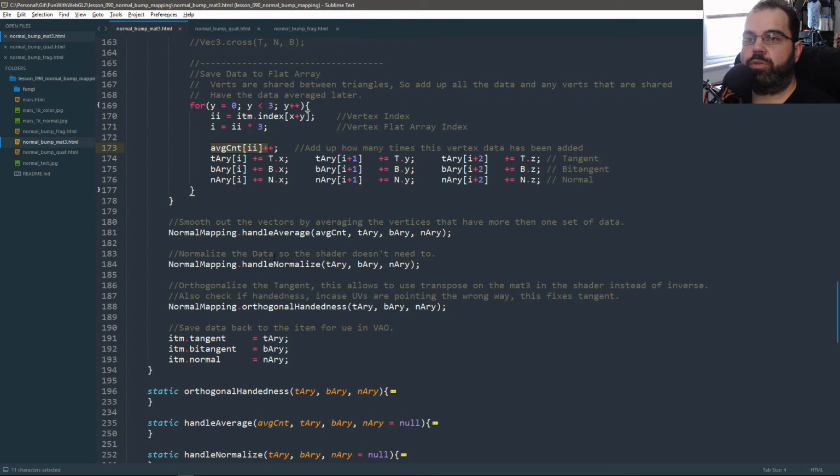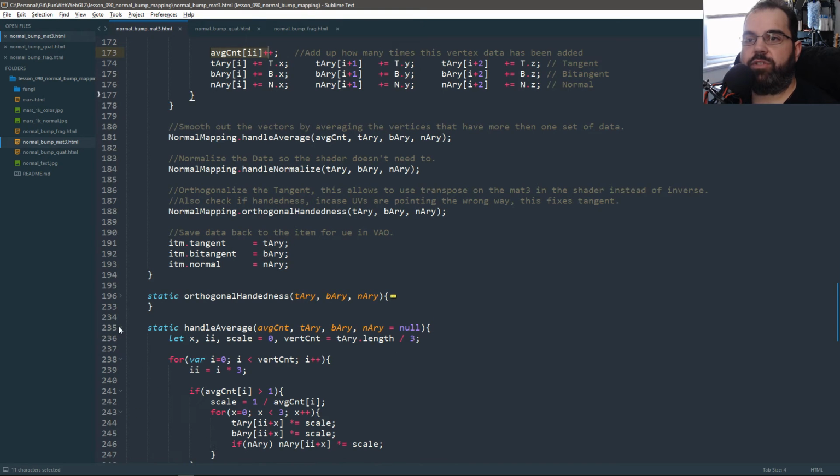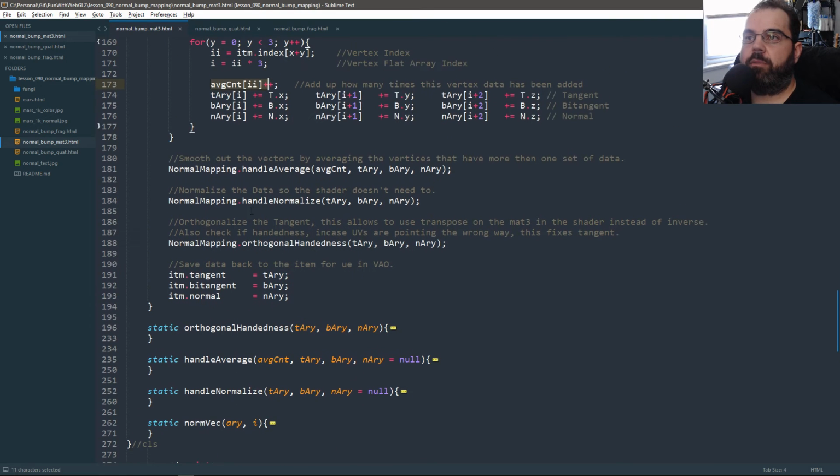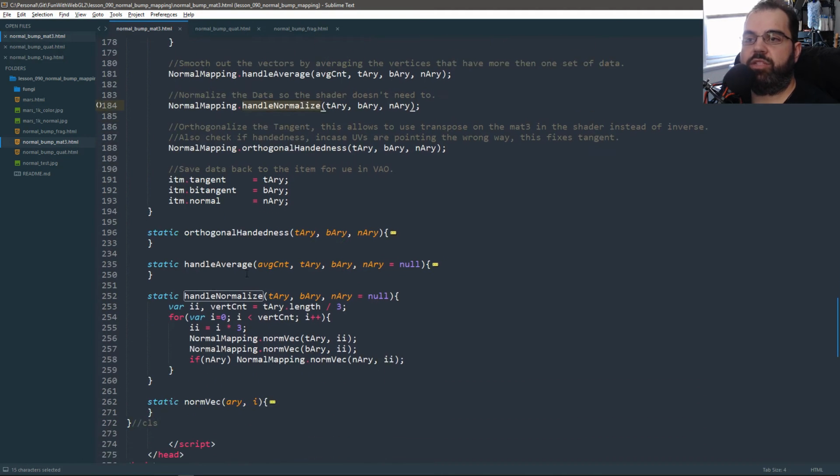So once we do that, you then do the average. Once you have all the information, very simple average, you just go right through and average everything out. After that, you just normalize everything. You basically just go through again and normalize all the data. This could be more optimized, essentially.